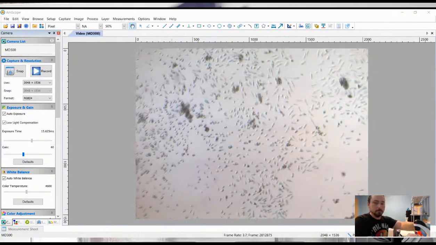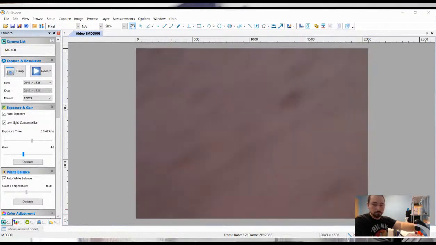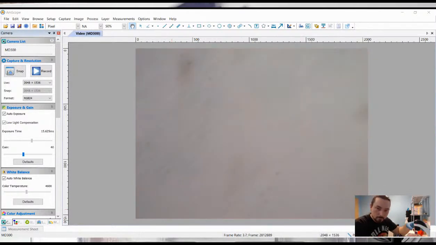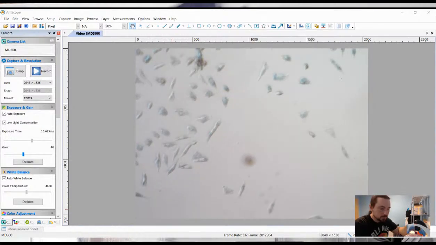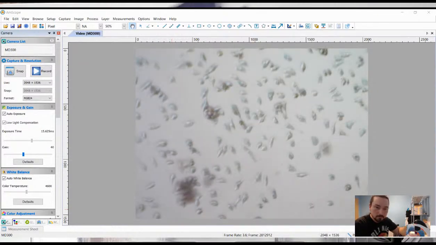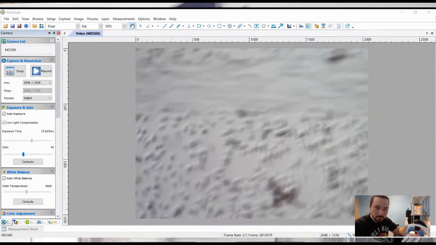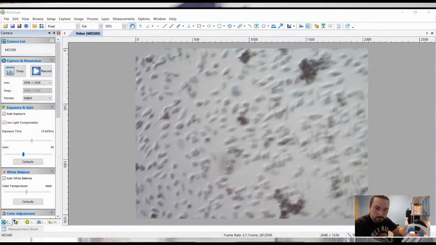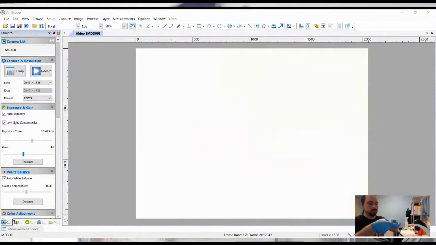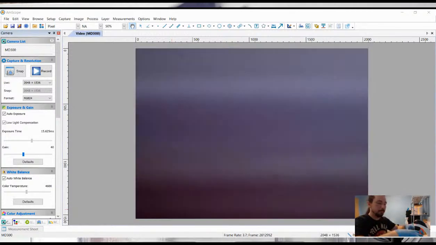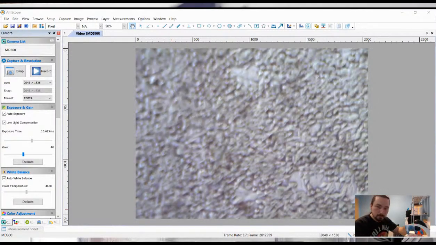Let me zoom in a bit. Here, see? So the cells themselves are blue, even though they're obviously super stressed. This is too old. Maybe switch to this one, with some more lively cells.